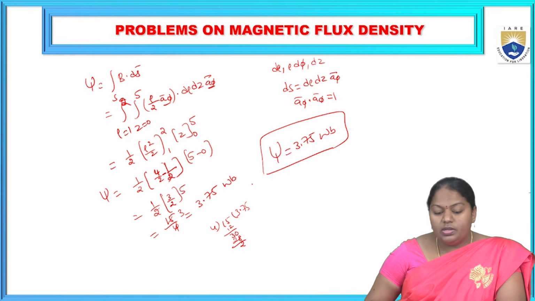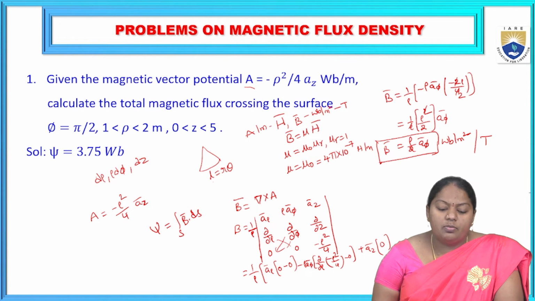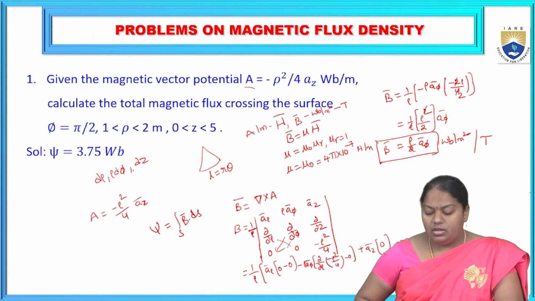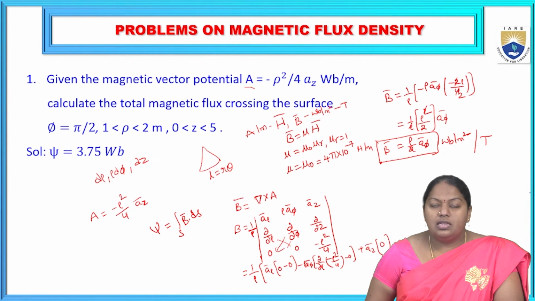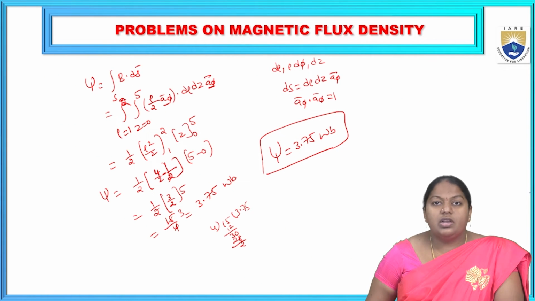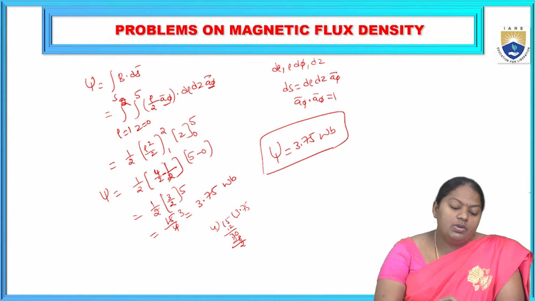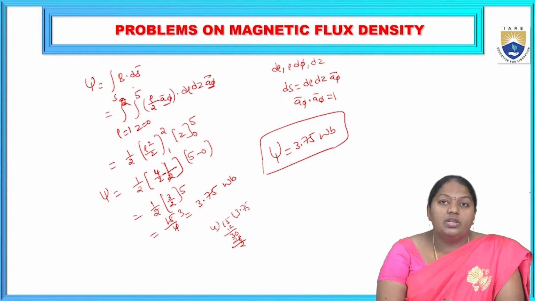Based upon this, given the magnetic vector potential A, that is minus rho square by Az Weber per meter, we need to find the flux crossing that surface. In order to find the flux psi, first we need to establish the relation between flux density B and the magnetic vector potential A, using the formula B equal to del cross A. From that we get the magnetic flux density, and in place of B in the magnetic flux formula, psi is equal to integral over S of B dot ds.